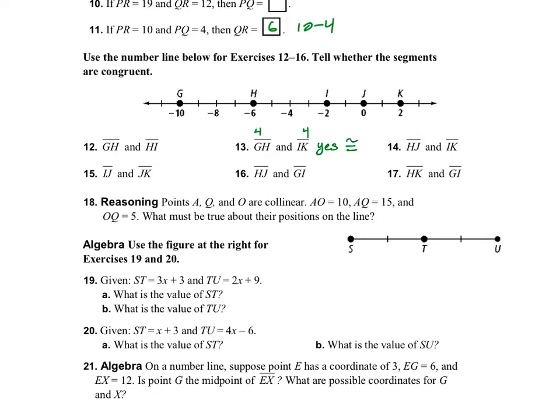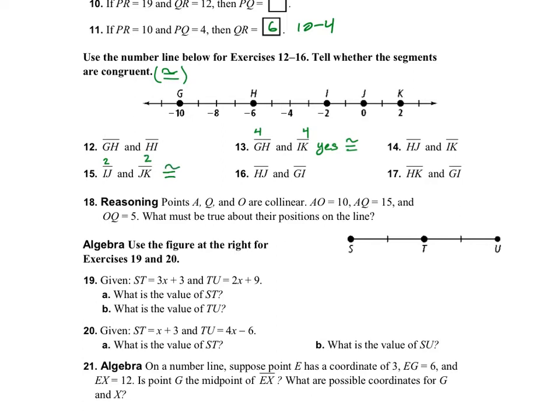And this is the symbol of congruent again. So number 14, number 15. IJ is 1, 2, so this is 2. JK, in this case, 1, 2. So that means that they are congruent to each other.